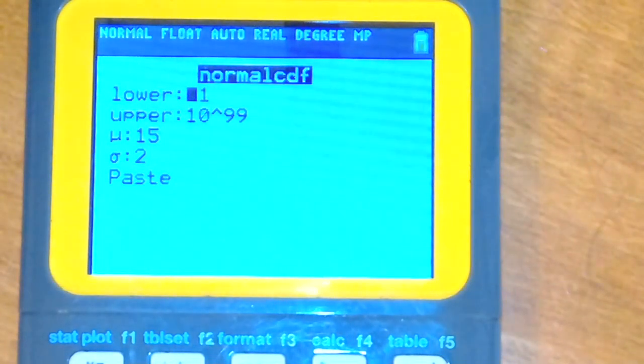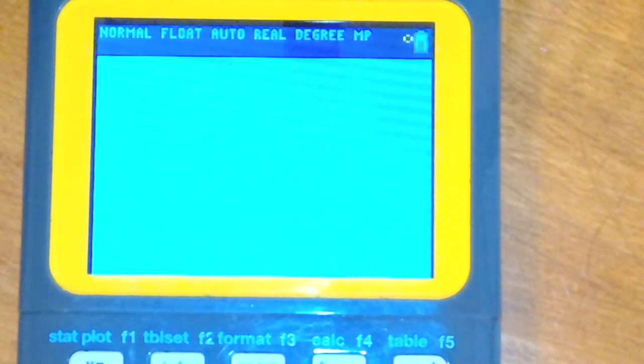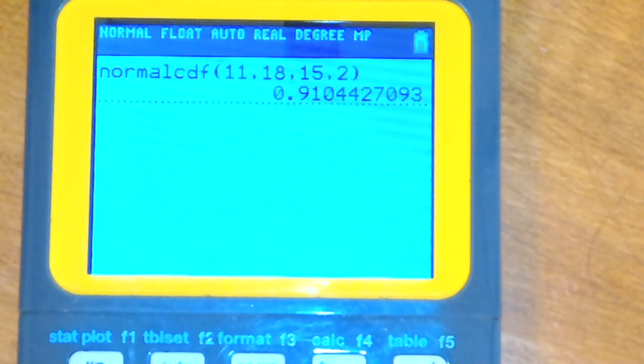And we were doing it from 11 as a lower and 18 as an upper. Still 15 too. And this is going to get me the percent. So about 91%, 91.04%. Okay. So let me write that on my paper.